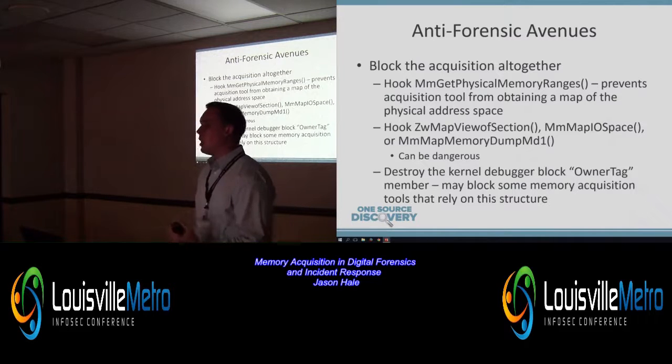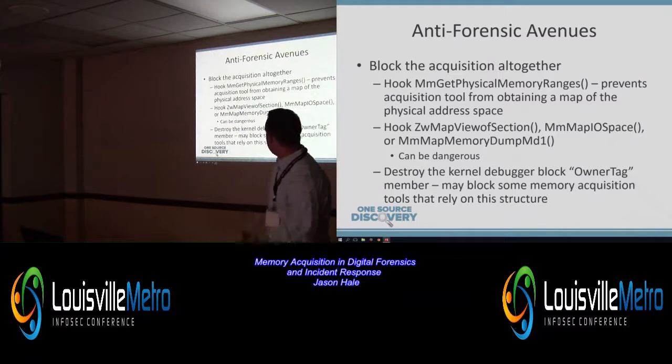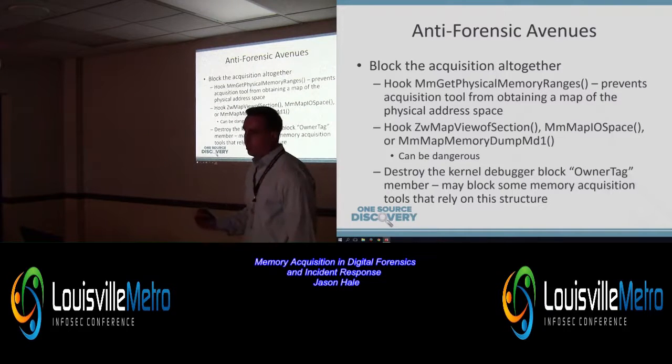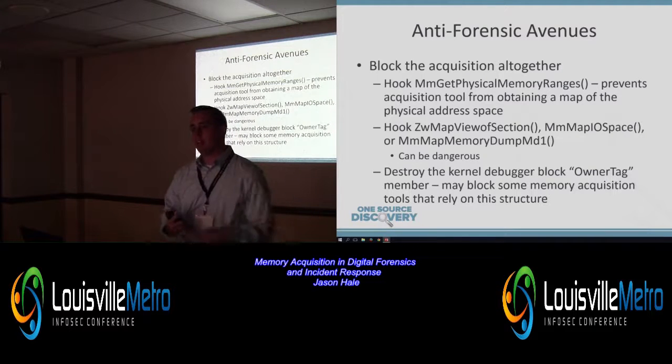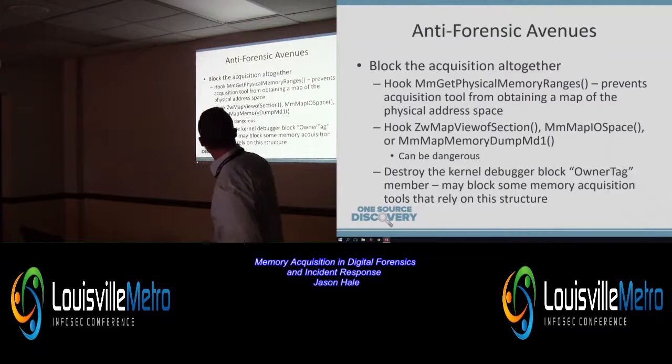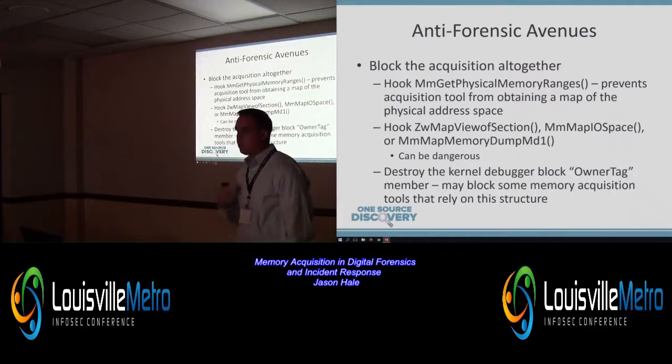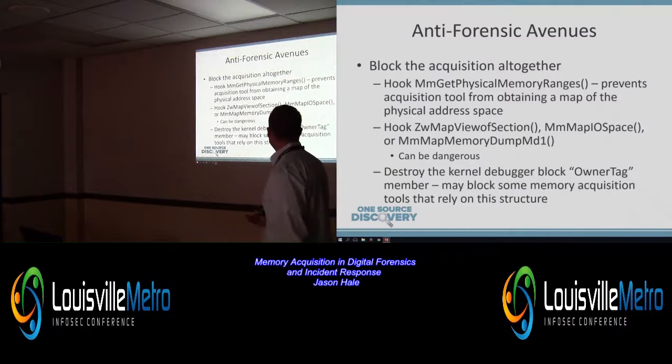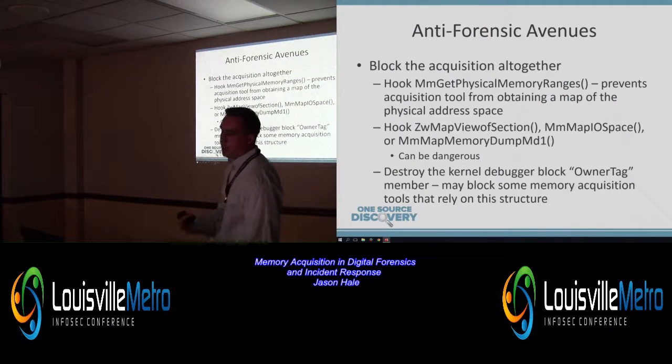So if we look at blocking the acquisition altogether, there are various ways you could do this. These are 3 different ways. So I talked about hooking earlier, basically redirecting a function to do something other than what it is intended to do. So one option here is to hook one of the common kernel APIs that's used to obtain a map of the physical address space.